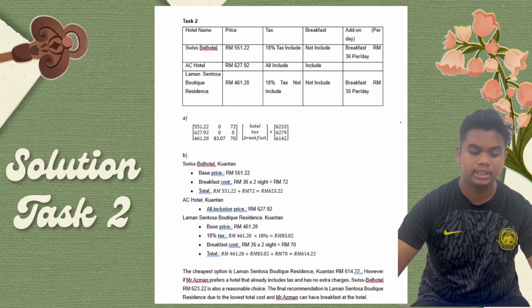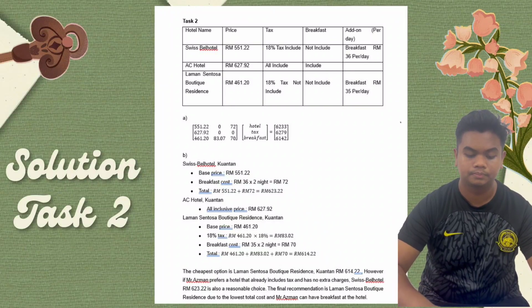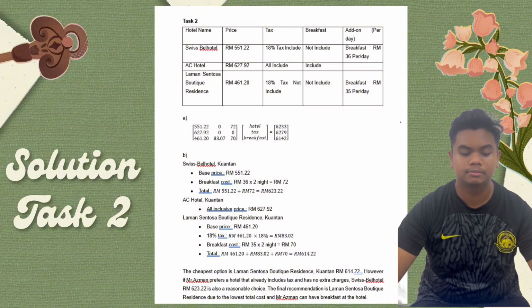So question A is to write the information given in matrix form. So when writing in matrix form, I make a 3 times 3 matrix times a 3 times 1 matrix, and the answer is a 3 times 1 matrix.